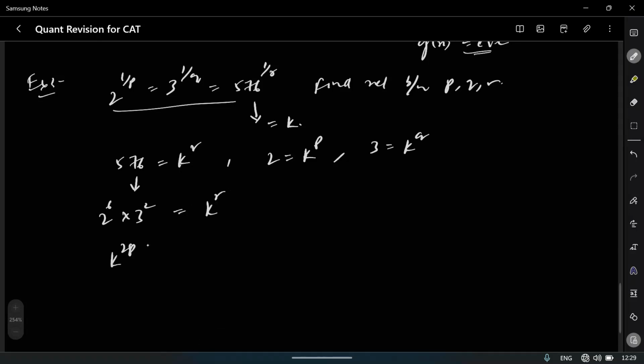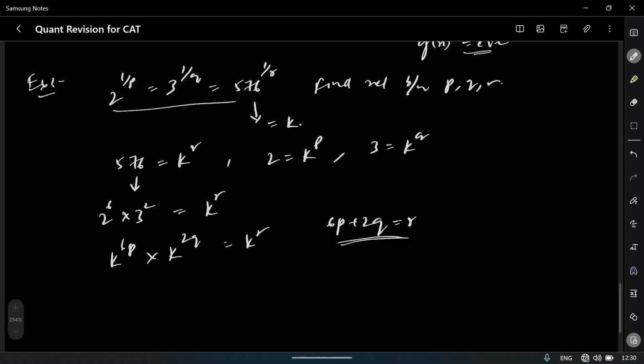So k power 6p into k power 2q equals k power r, so 6p plus 2q equals r. So this is the relation between p, q and r. Okay.